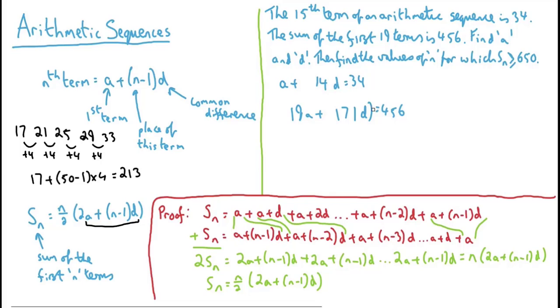At this stage, what we have is two equations, both involving a and d, and they equal different things. These are going to be simultaneous equations.